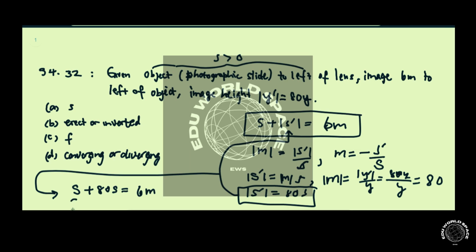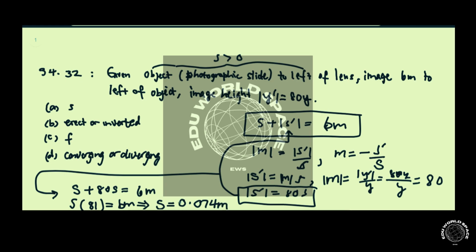Or S times 1 plus 80, which is 81, is equal to 6 meters. And then I just divide both sides by 81. So that tells me that S is equal to 0.074 meters.